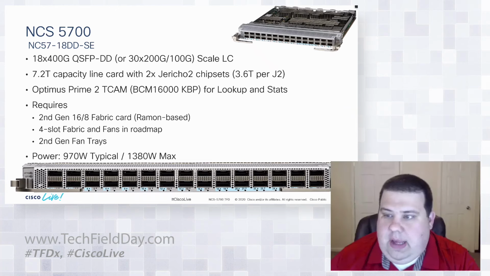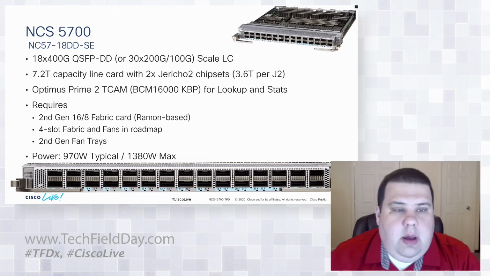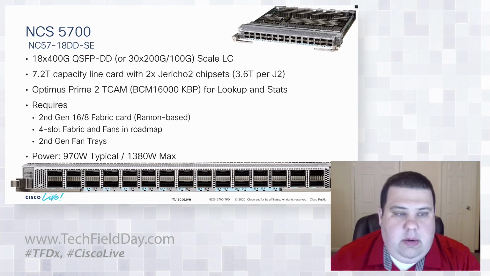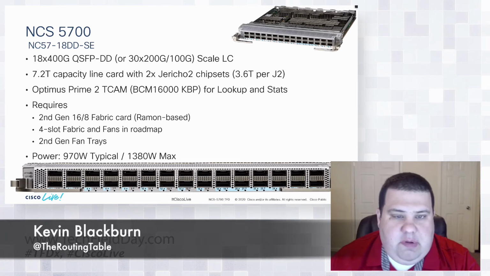Quick question for you on this slide. Looking at the first bullet point you have there about the different speeds that are capable and the number of ports that are able to be used, are you able to intermix it all with the 400 gig and then the 200 and 100, or is it all or nothing on one function? There are a lot of combinations on this line card, which is more flexible than the 24DD line card.